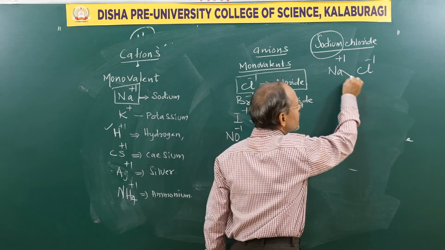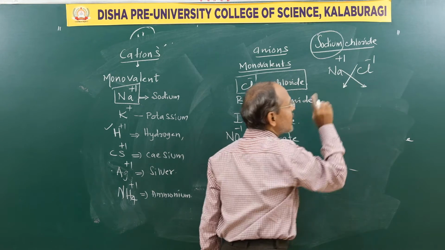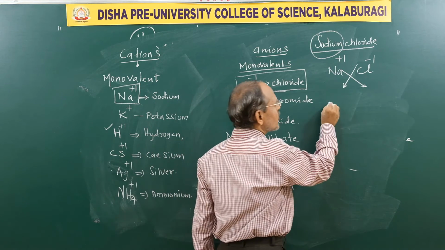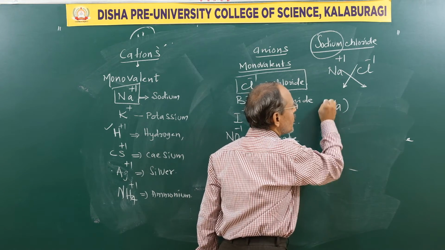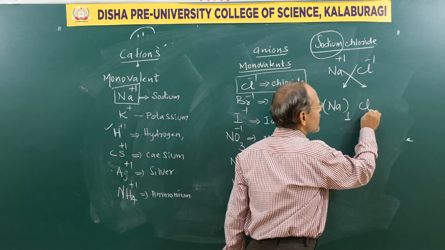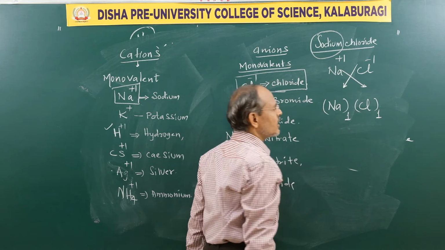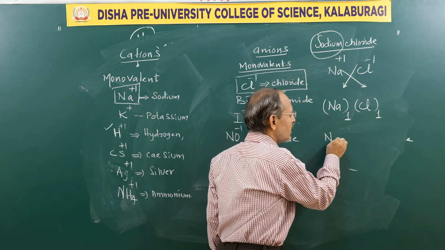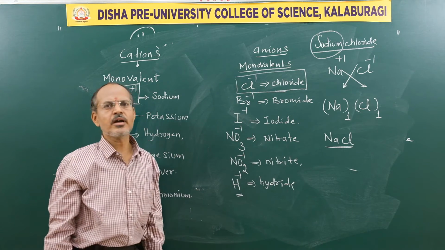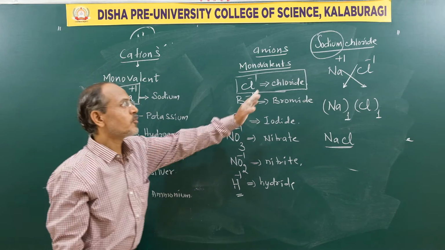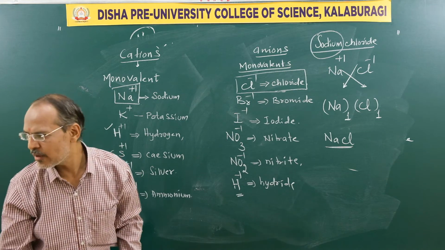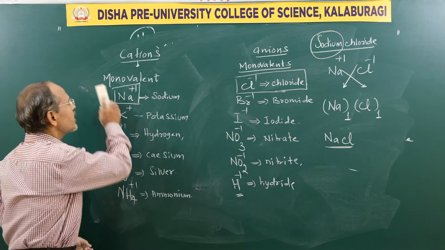Then exchange the valencies. Exchange the valencies, not the charge. So here Na, how many times? 1 time. Chlorine, 1 time. Now the formula becomes NaCl. Then what is the formula of sodium chloride? It is NaCl.